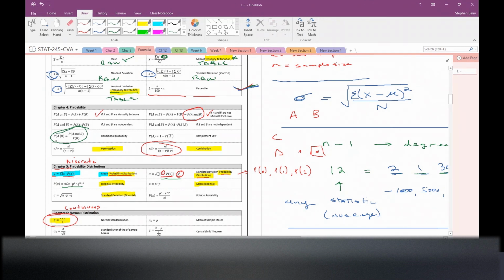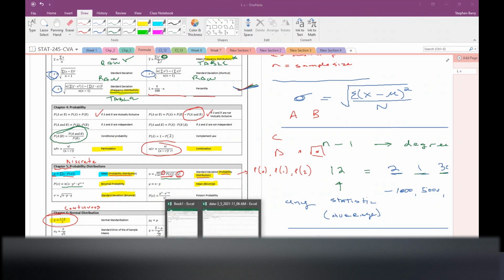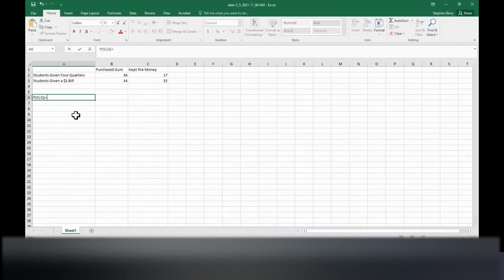So I would need the probability of this and this over the probability of the denominator. So therefore, the more you write down, the more I can give you for part marks if you get it wrong. So S and Q divided by the probability of Q.